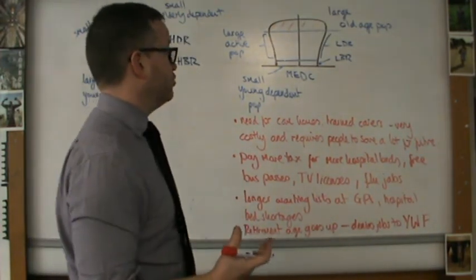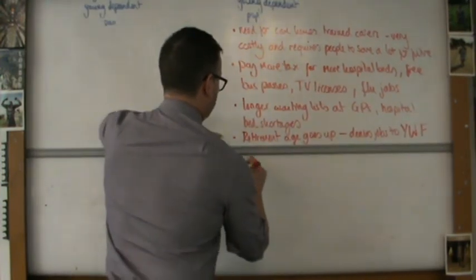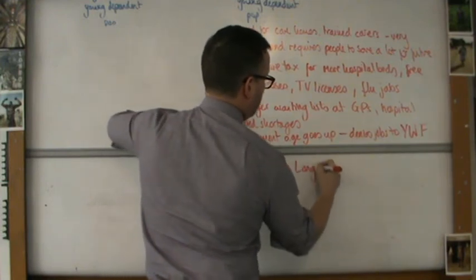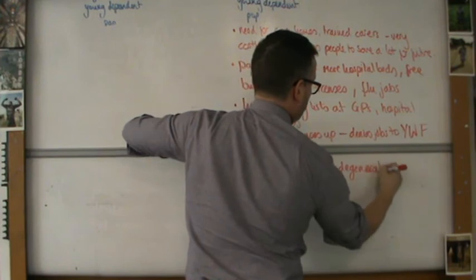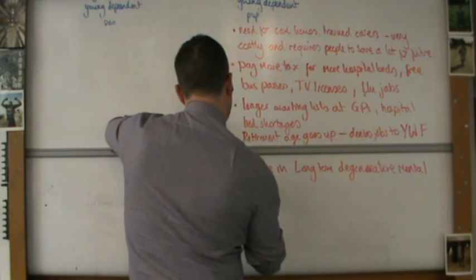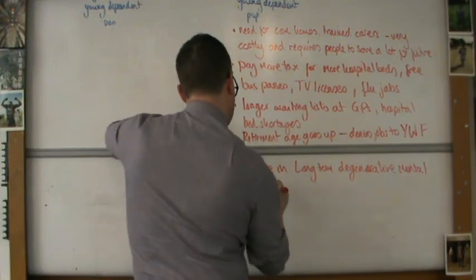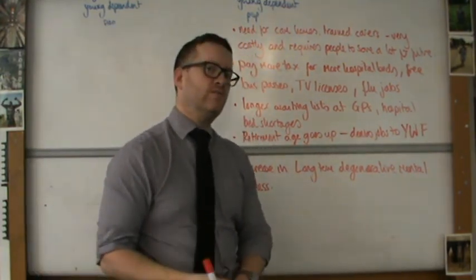There are more issues associated with the elderly. For example, there's going to be an increase in long-term degenerative mental health care, mental illness, I'm sorry. What I mean here is Alzheimer's, dementia, Parkinson's.